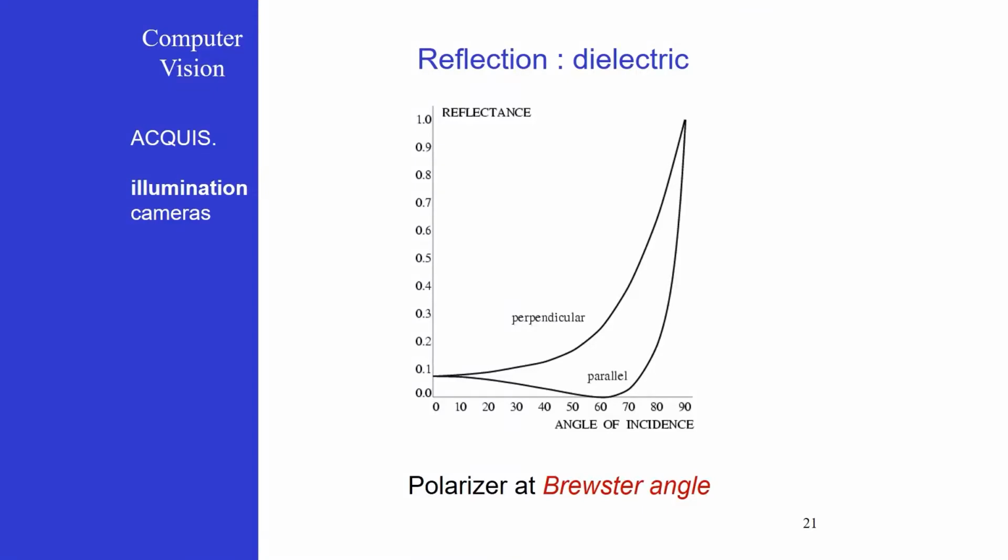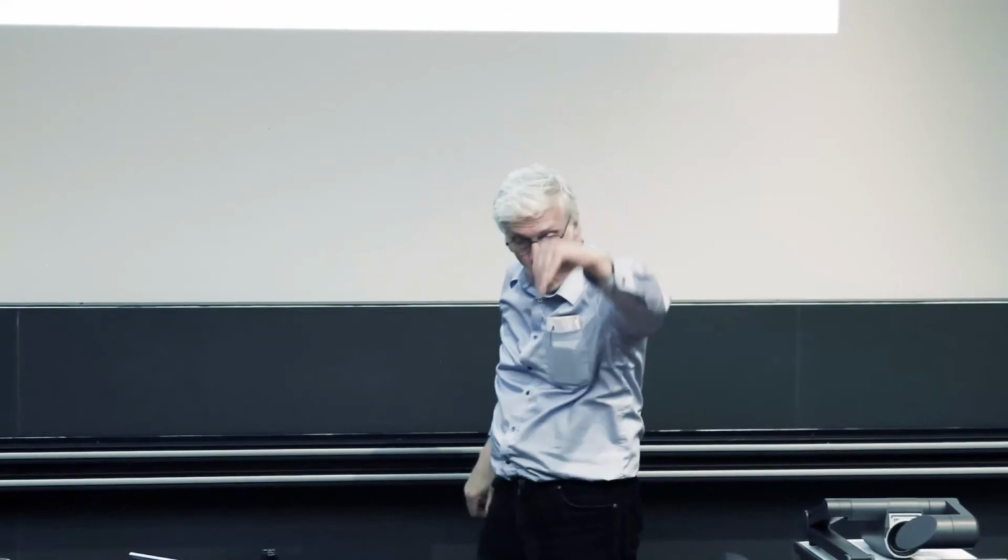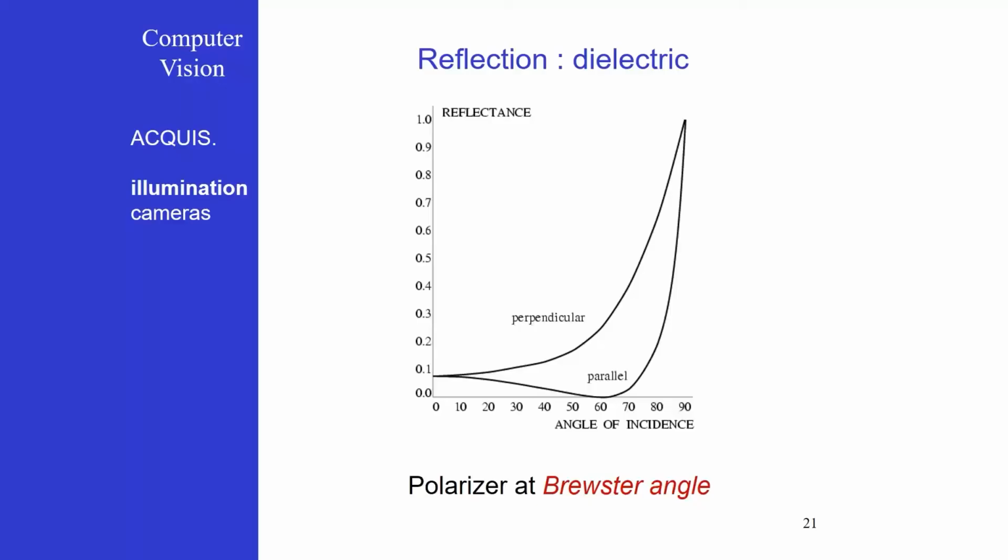It shows you the level of reflectance of light when falling onto a surface under different angles. So the angle of incidence you find here on the abscissa. So 0 degrees would be impinging orthogonally to the surface, 90 degrees coming very, very sharp onto the surface.